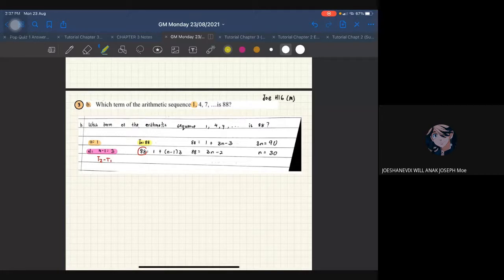Lepas kita kembangkan, then kita 88 equal to 3n minus 2, then kita akan dapat 3n equal to 90, then final answer dia n equal to itu.